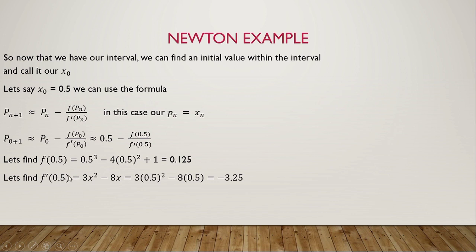If we plug in 0.5 into this, we get 3 multiplied by 0.5 squared minus 8 multiplied by 0.5, and our value is negative 3.25.